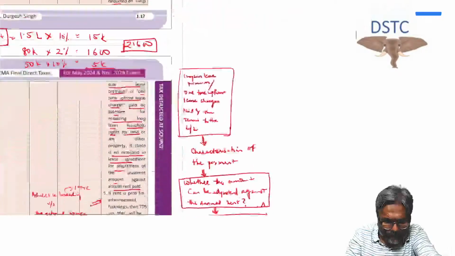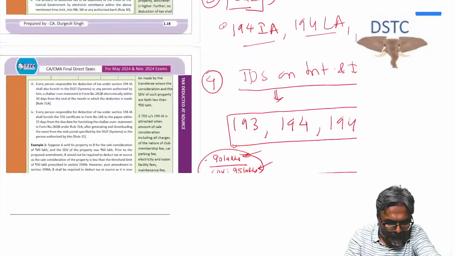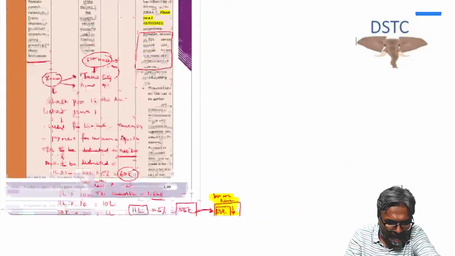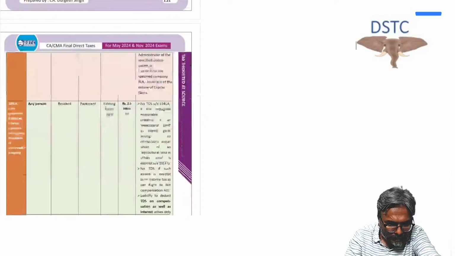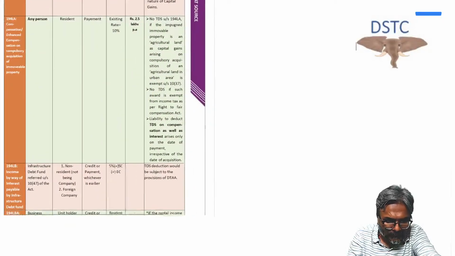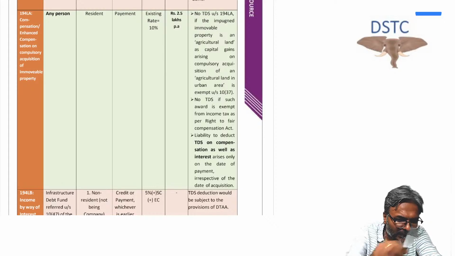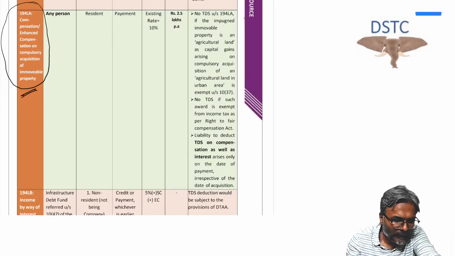let's look at these two sections: 194LA and, last thereafter, 194IC. Students, this particular part, what they are saying in 194LA: compensation or enhanced compensation on compulsory acquisition of an immovable property.